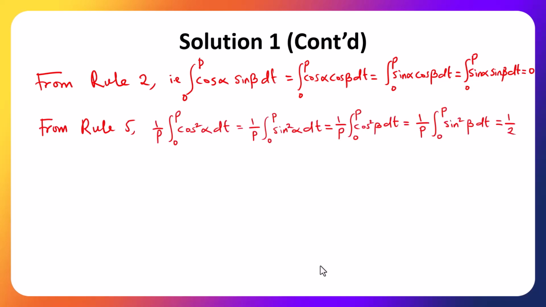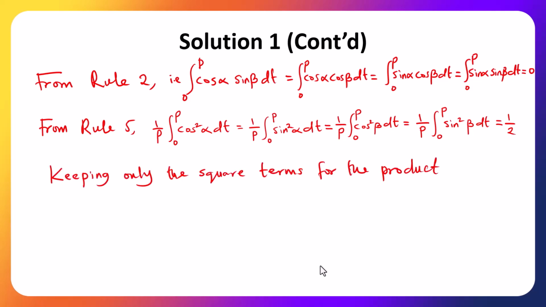And also from rule 5, we know that 1 over P integral from 0 to P cos square alpha dt is the same as 1 over P integral from 0 to P sine square alpha dt, which is equal to 1 over P integral from 0 to P cos square beta dt, which is equal to 1 over P integral from 0 to P sine square beta dt, which is equal to 1 over 2.